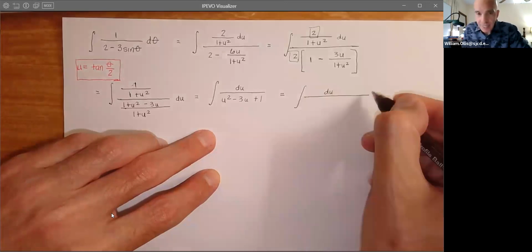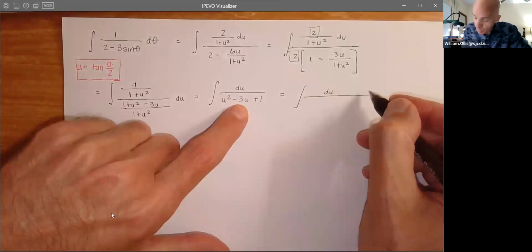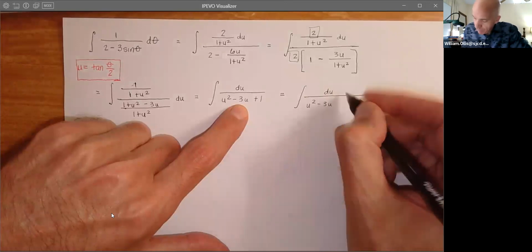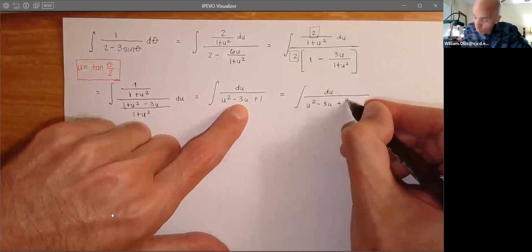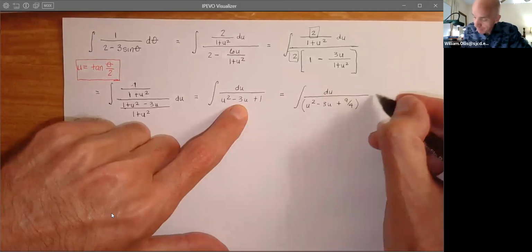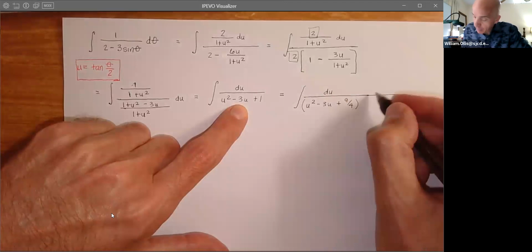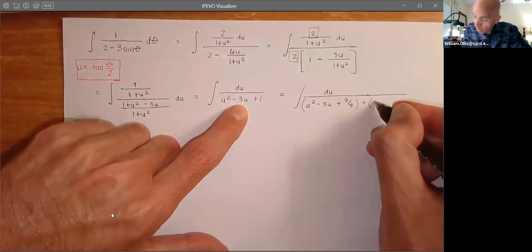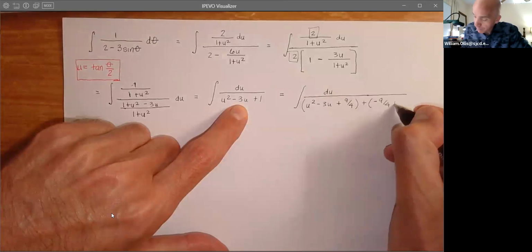We can use our formula that we derived last week. So now we're going to take half of this and square it. So we get u squared minus 3u plus, so that's going to give us a 9 over 4. That's going to be our perfect square. Now we've got plus negative 9 over 4 plus a 1.